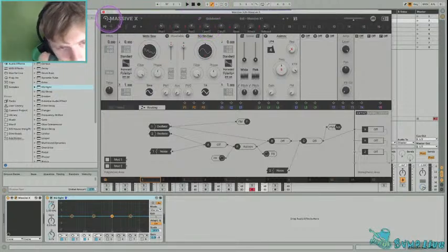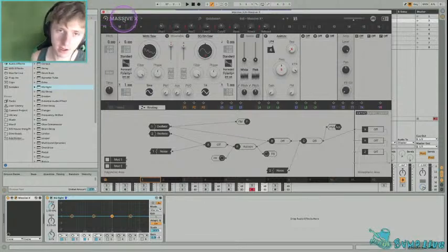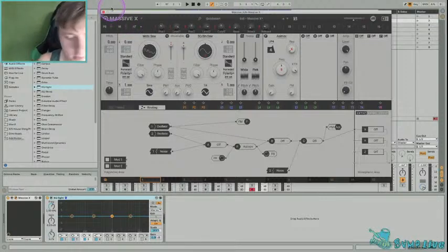But yeah, I'll get more into this on a later date, or depending on interest, really. But this is the kind of stuff that I like to do. The kind of music I like to make is more of the experimental stuff.